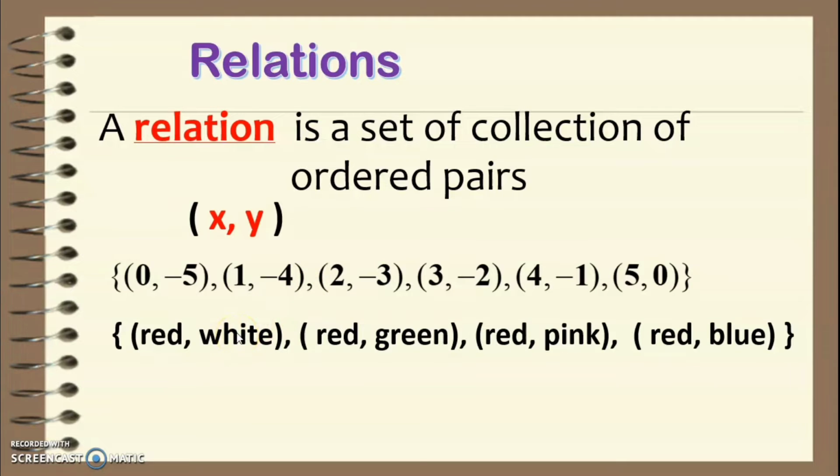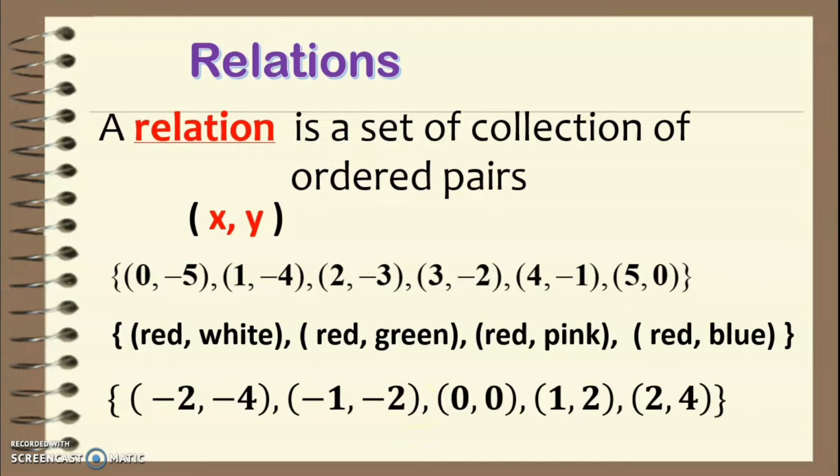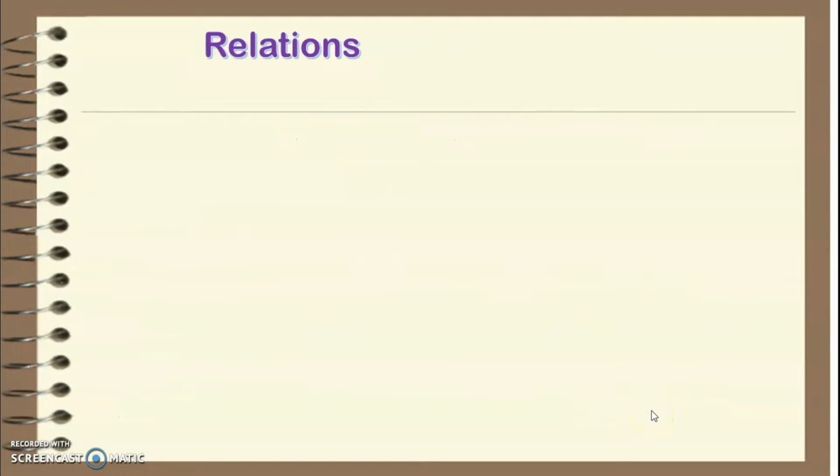Ito, example din ng relations, red and white, red and green, red and pink, red and blue. Set of ordered pair. Then, itong pangatlo nating example, set of ordered pair pa rin. -2 and -4, -1 and -2, 0 and 0, 1 and 2, then 2 and 4.